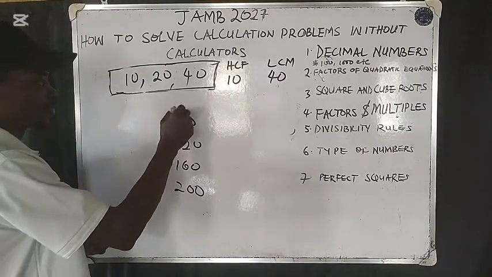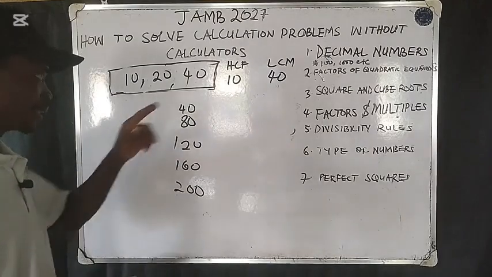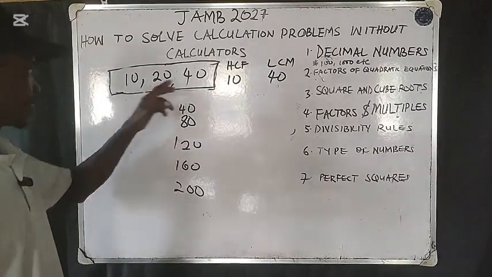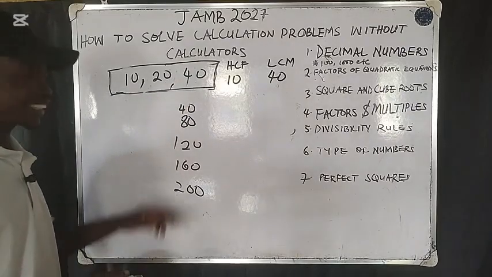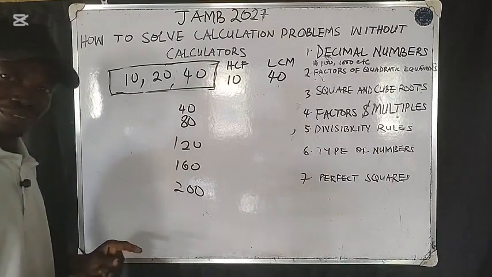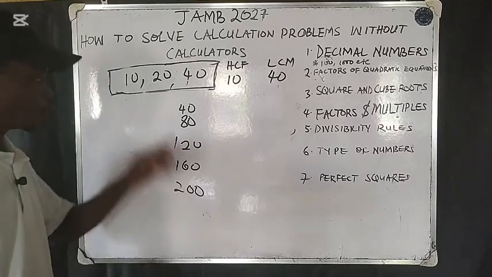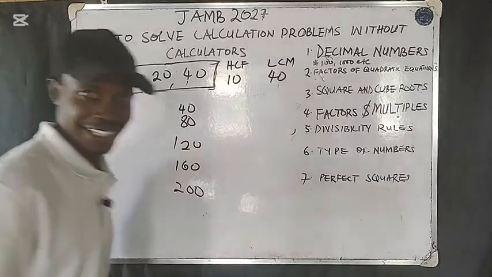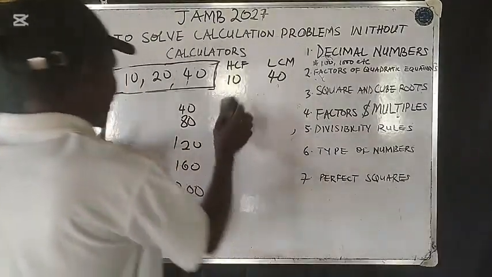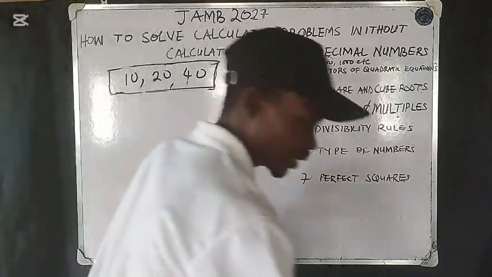And all of them can go into 40. So 40 is the lowest number that all these numbers can go into, as the lowest common multiple. All these are multiples of these numbers, right? But the lowest of them is 40. Is that all right? Now, if all this explanation is not clear, this is how to work it.